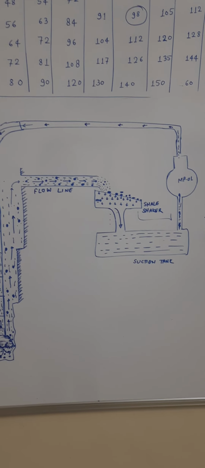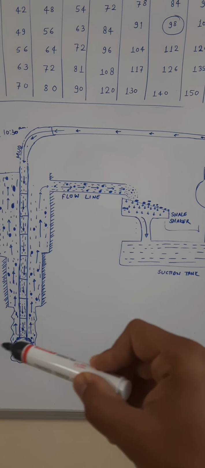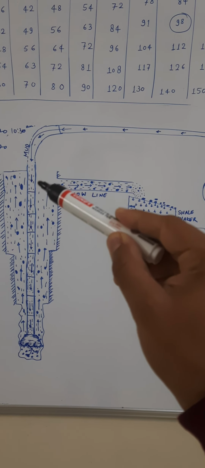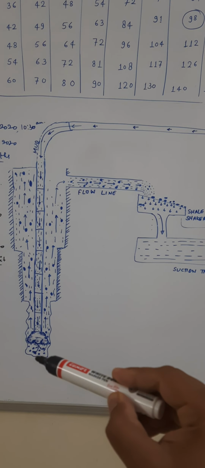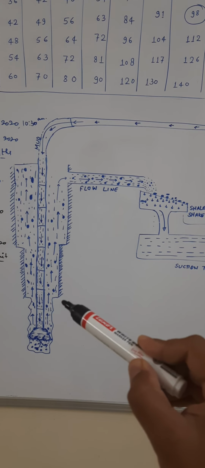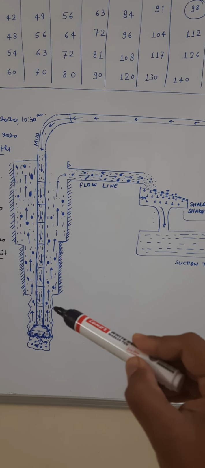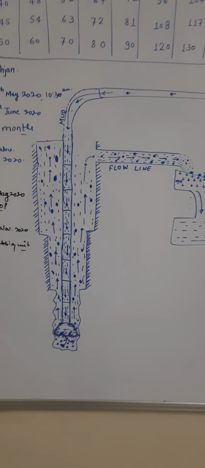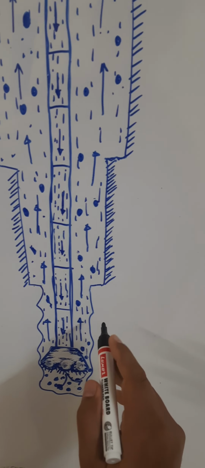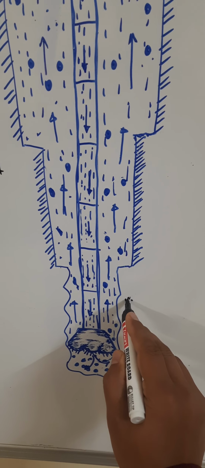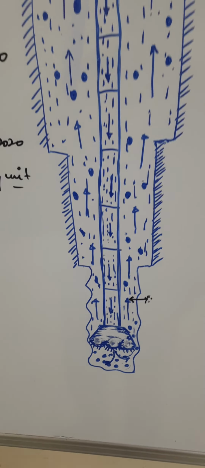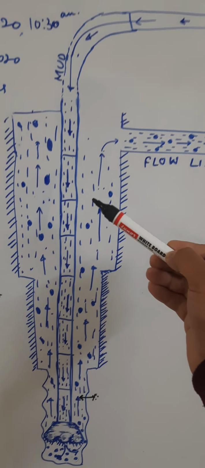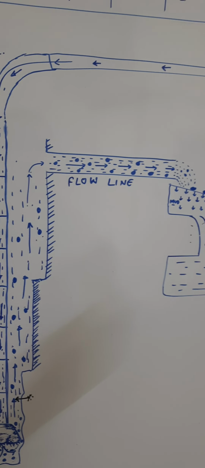As you can see, this mud is continuously circulating in a closed circuit, but when this mud goes down through the string and comes up through this open hole, some hydrocarbon, say oil or gas, from the nearby zone where we are drilling can enter into the well, and this will come up with this mud and mix into the system.